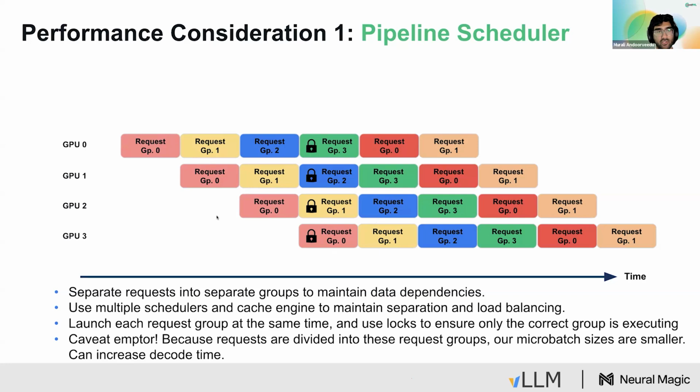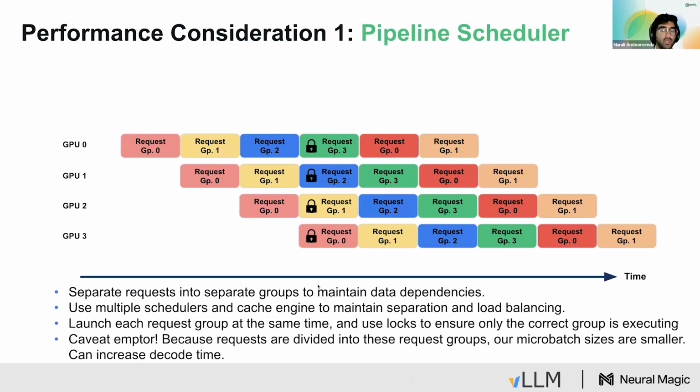And in cases such as decode, which I mentioned previously, is memory bound, right? The bottleneck there is moving the weights from the GPU HBM to the compute. It's the memory bandwidth. When we split the batches in this way, your decodes could take much longer, right?